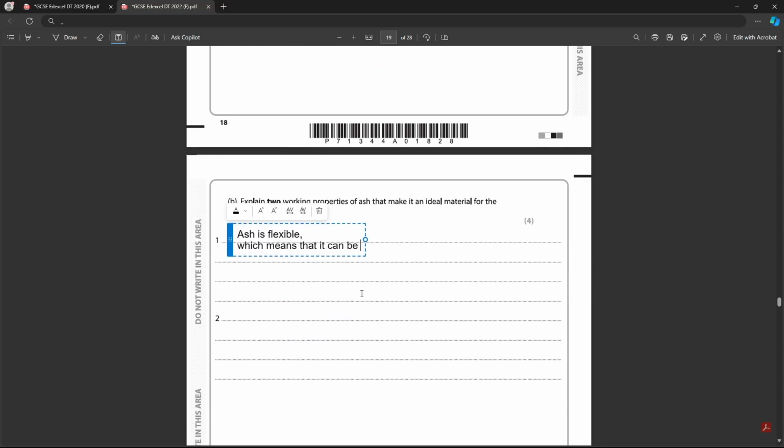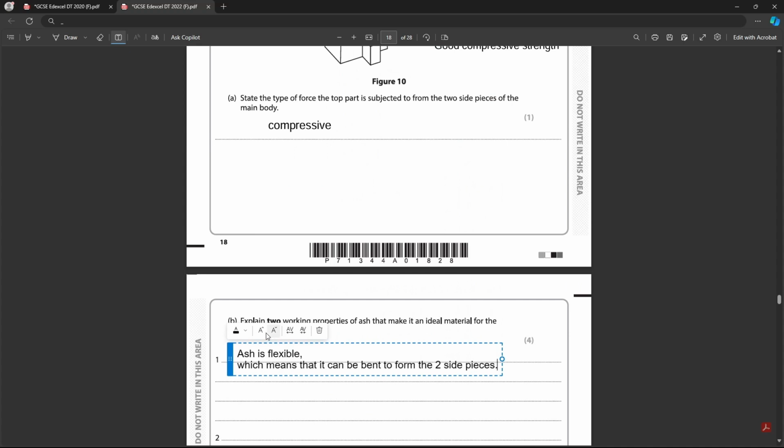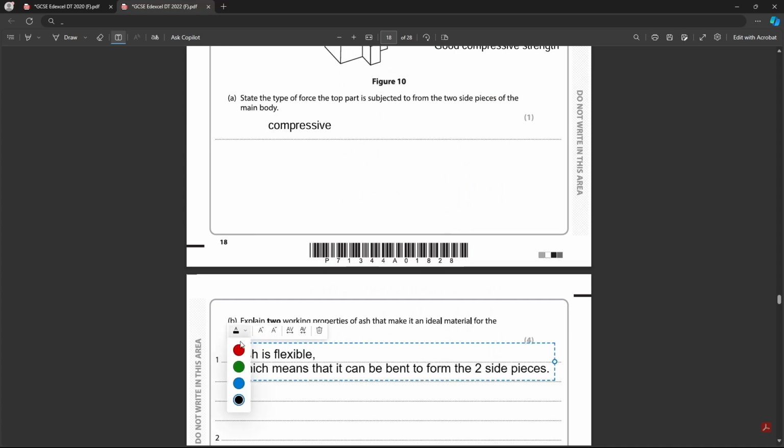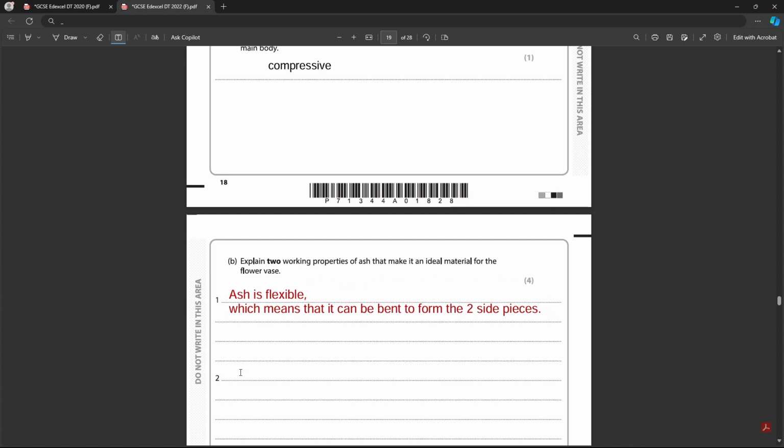Let's assume it is just bent, which means that it can be bent to form the 2 side pieces. There. So that's 1 point there, and then explanation using which means that to connect the first half of the sentence and the second half.